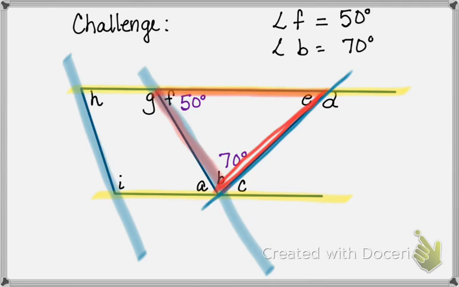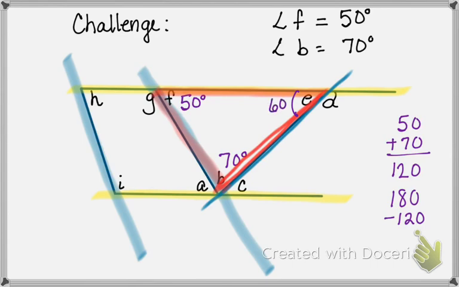So if I know that 50 is there and 70 is there, I can add together 50 plus 70, and I get 120. And then I know those together have to be added to E, and they all have to equal 180. Well, 180 minus 120 gives me 60. So I know this is 60.